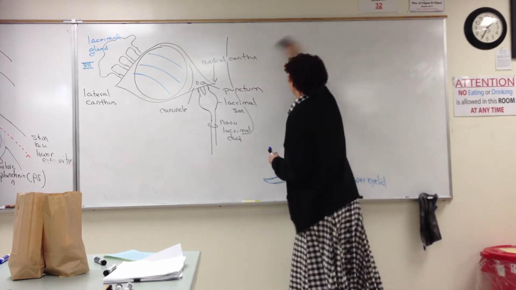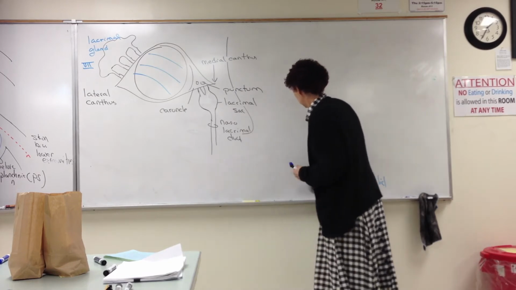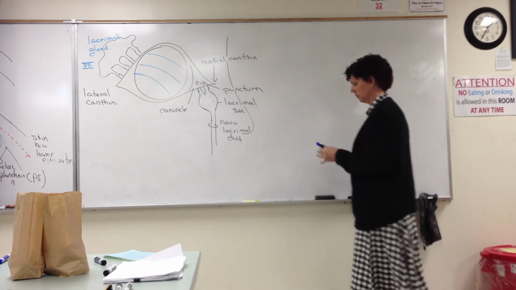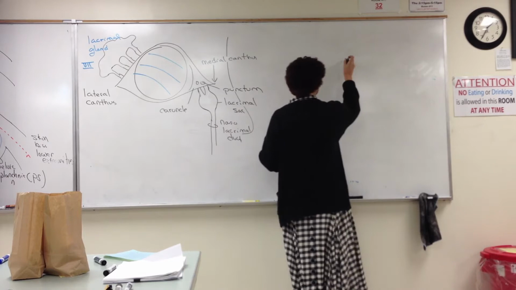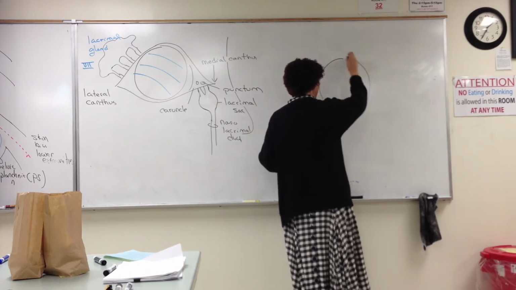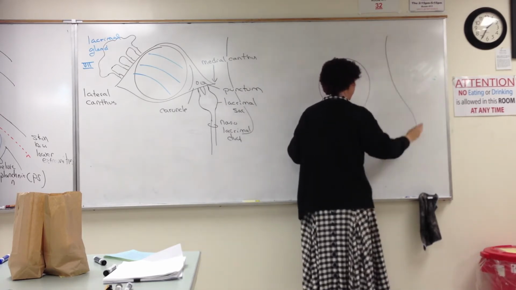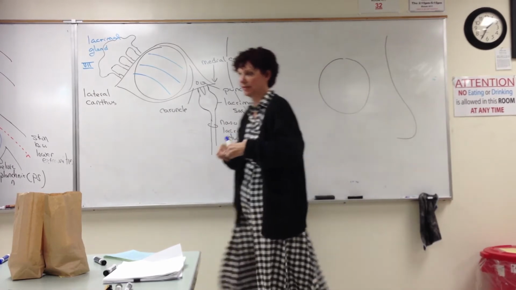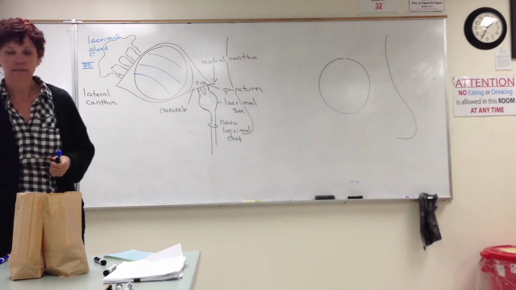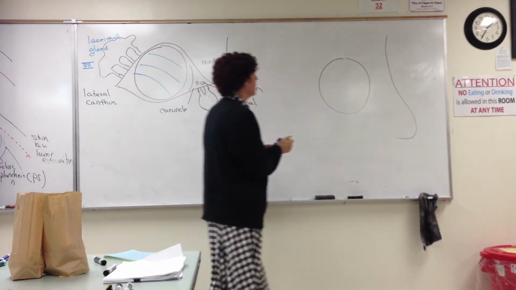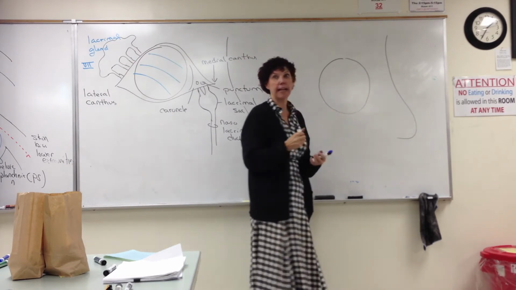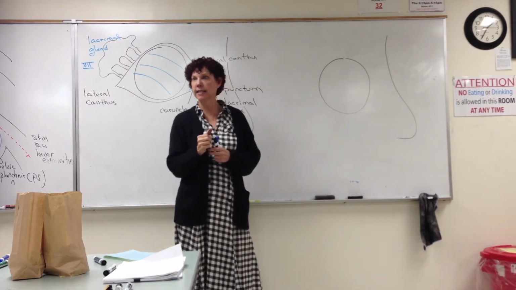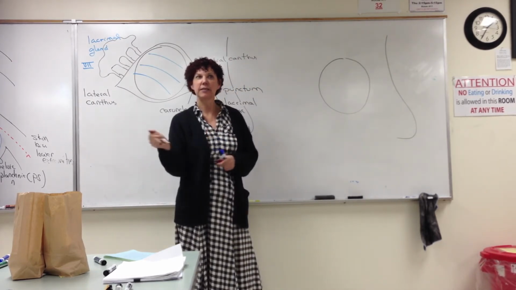All right, I'll leave that up there and draw another one over here. Again, to give you orientation, the nose. And we have the four recti muscles. Remember what rectus means? Straight.